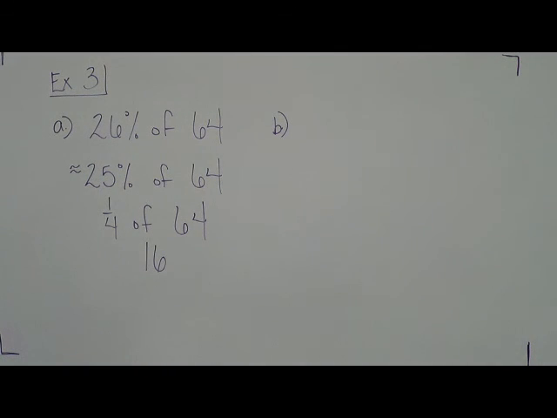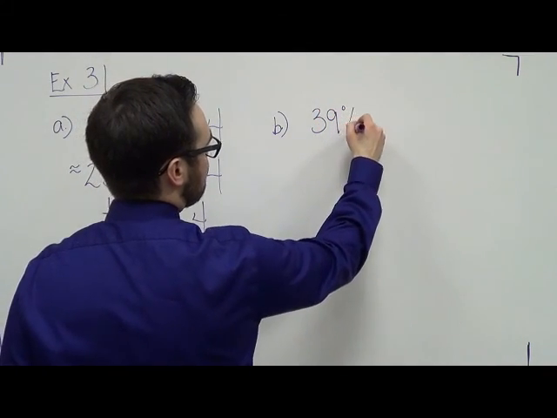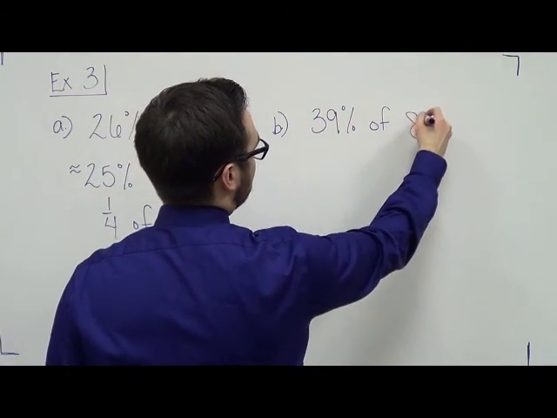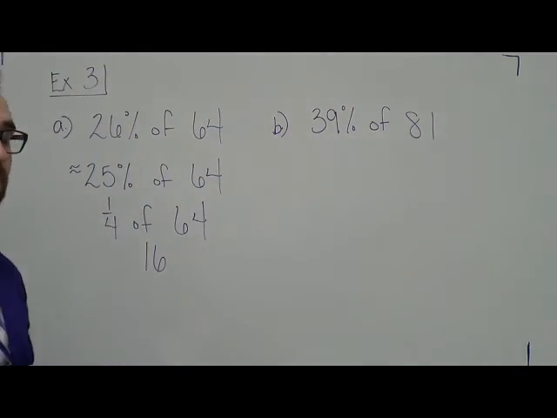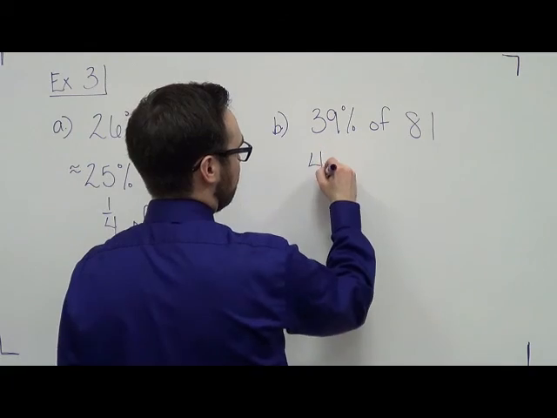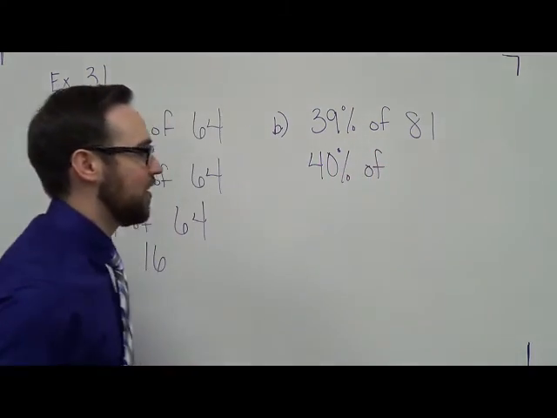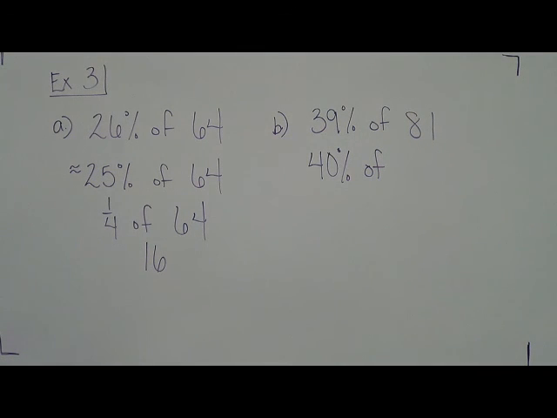So let's take a look at another one of those. What about if I had something like 39% of 81? Well, 39% of 81 is really close to 40%. Now, 81 might not necessarily be something that we want to look at, but we could round that to about 80, right?